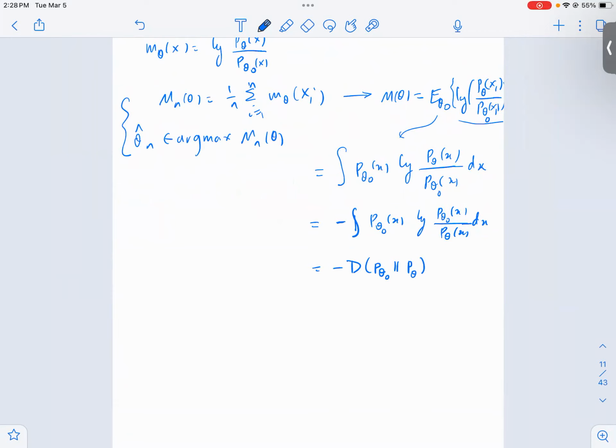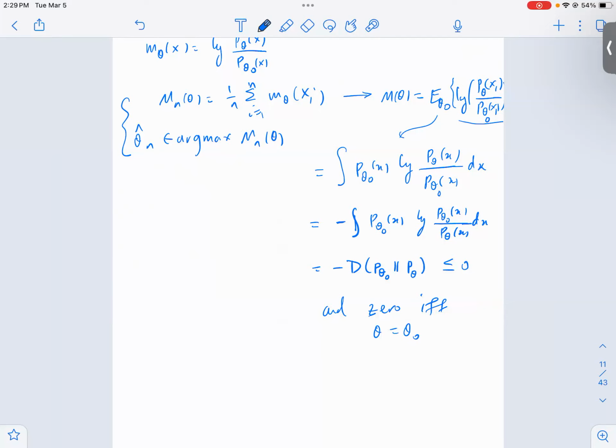How many people know the KL divergence? Okay, so this is the KL divergence between the density p theta and the true density. One of the properties of KL divergence is that it's 0 if and only if the densities match. So this is going to be less than or equal to 0, and 0 if and only if theta is equal to theta naught.